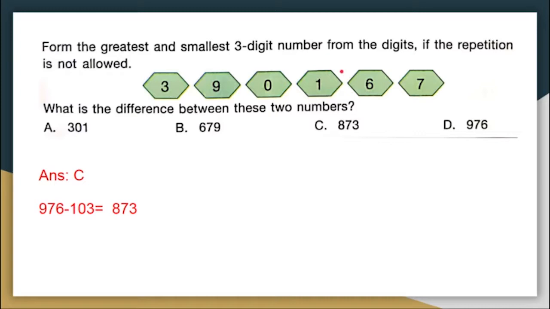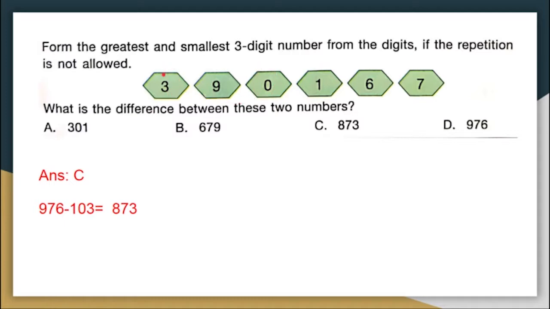From this 976, you have to subtract the smallest 3-digit number. Which is the smallest 3-digit number that you can form from the given digits? The smallest digit is 0, but a number cannot start with 0. Which is the next smallest digit? It is 1. Then next will be 0, and then 3.